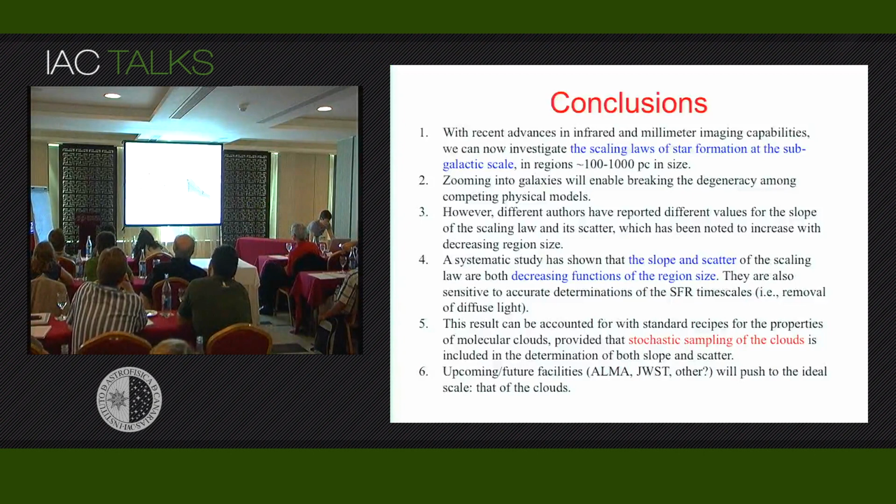So I think that it's important to actually look at those relationships in other galaxies, even if that means that you have to elaborate a little bit. But you also have to understand what kind of assumptions you are making by deciding that you are taking a 1 kiloparsec square region rather than a 200 parsec one. Why one versus the other? And what does it mean? And that's where the stochastic sampling comes in.